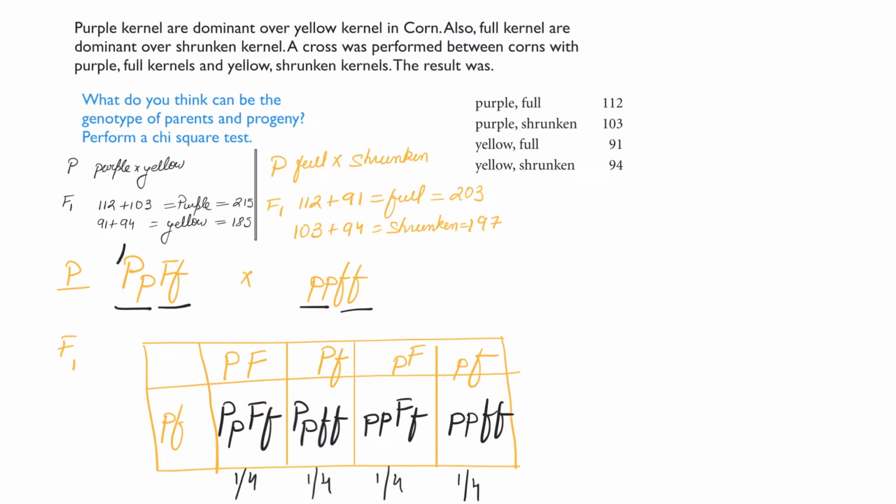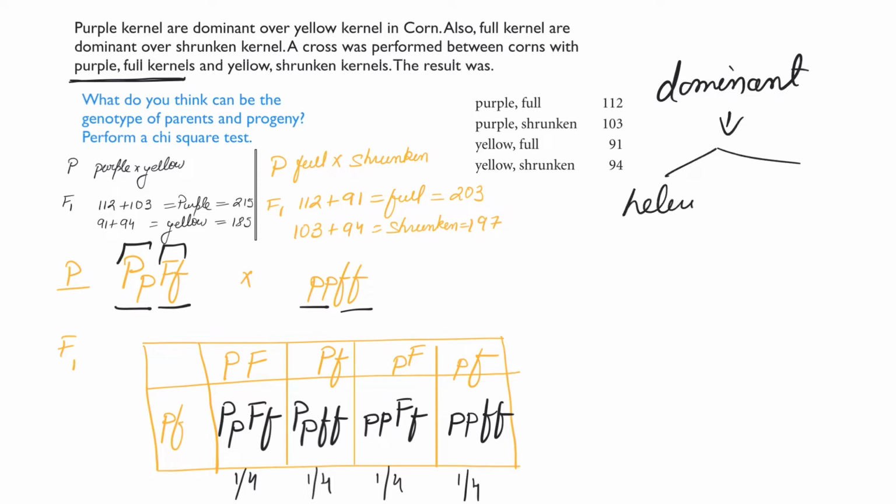So one of the parents in both cases, because the cross was performed between purple and full kernels. Remember, the dominant phenotype is expressed in a heterozygous condition or a homozygous condition. So that is why we can assume that this is a big P, small p, big F, small f cross with small p, small p, small f, small f.